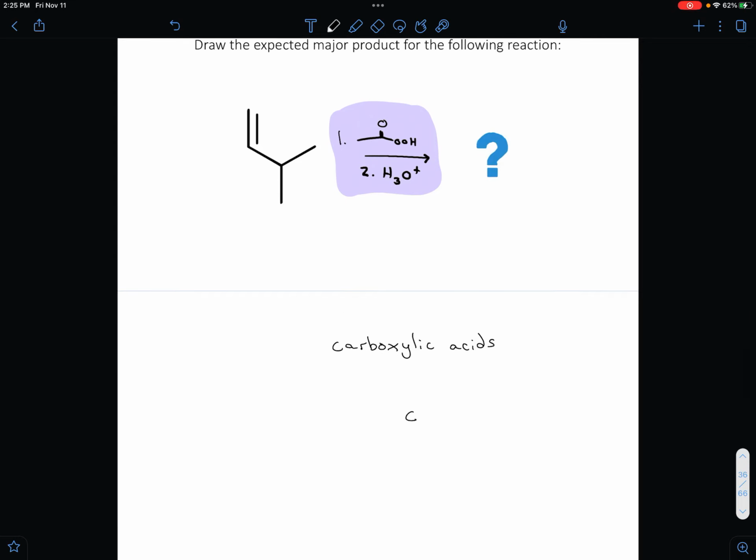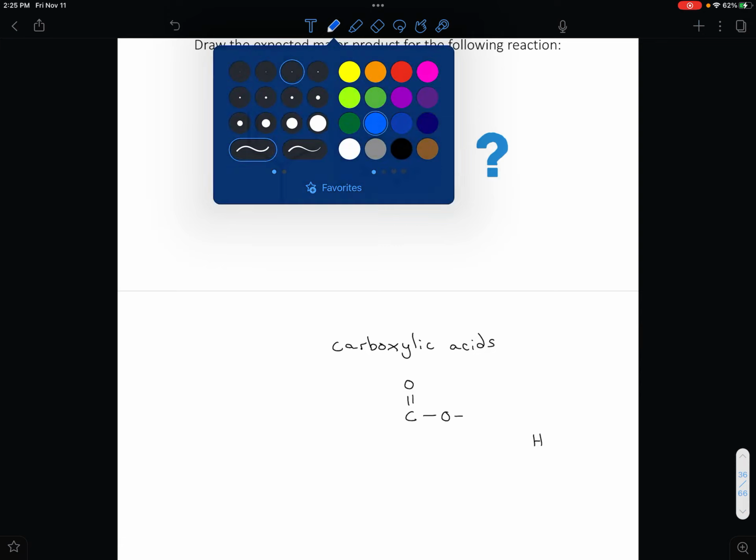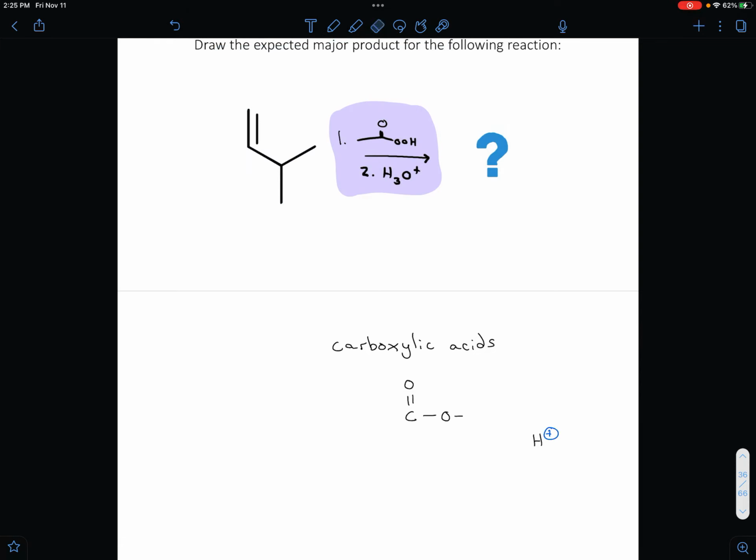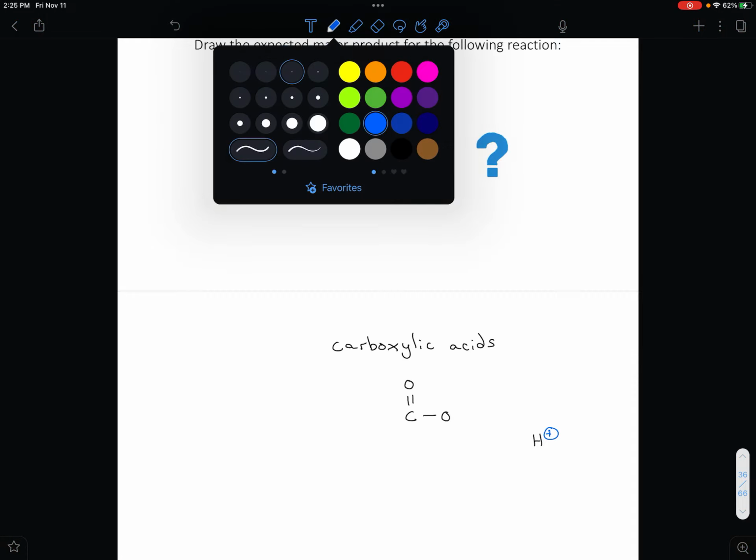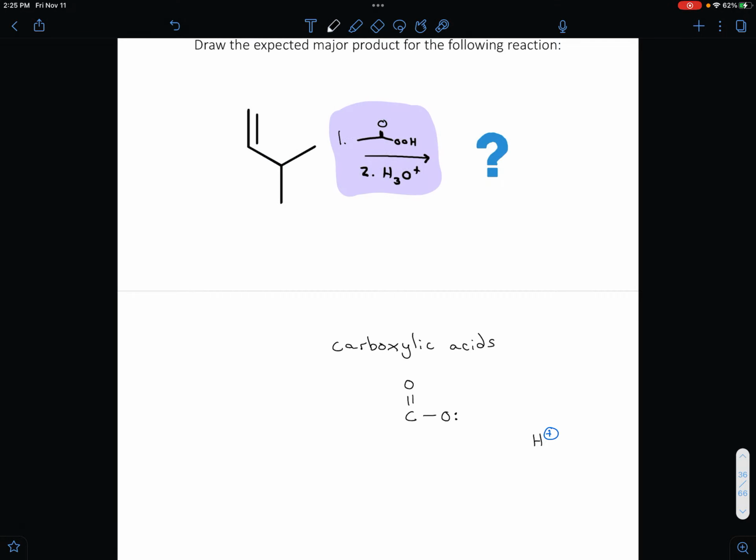A carboxylic acid has a carbon double bonded to oxygen with an OH on one side. And the H is acidic because if this H gets donated as an H+, and the electrons that were bonding to it turn into a lone pair that's left behind with a full negative charge, that's stable because it's allylic to this pi bond.